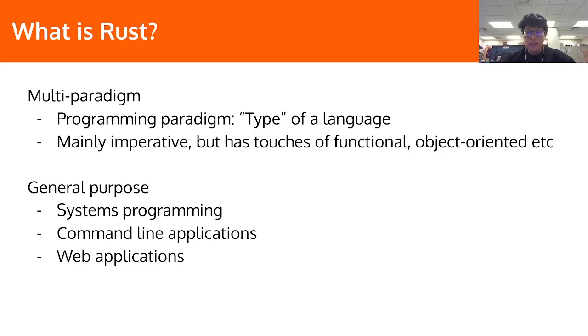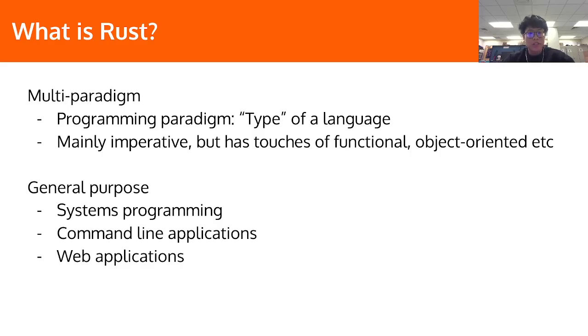Other than that, Rust is actually a general purpose language. It is primarily used for systems programming, which means programs that are written to facilitate the use of other software on the computer. So for example, writing an operating system, writing some device drivers, writing some networking, backend or applications.